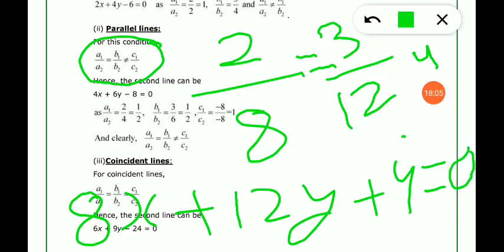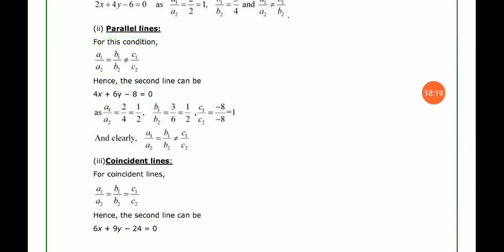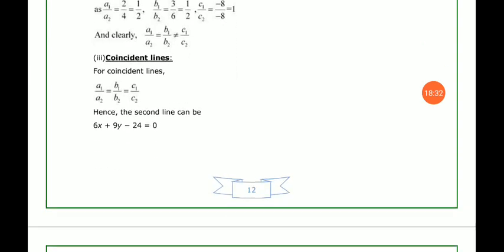And here they have written 4x plus 6y minus 8 is equal to 0. So like this you have to choose the numbers and then make the equations. Similarly for coincident lines, you have to choose all the numbers as multiples: third multiple, fourth multiple, fifth multiple, and all will be like that only.